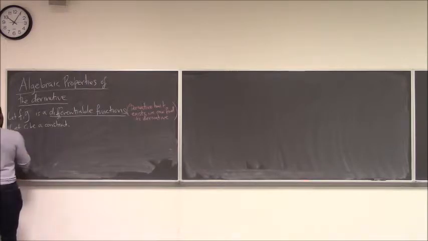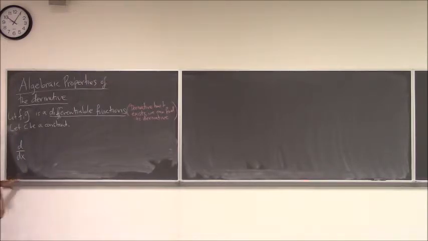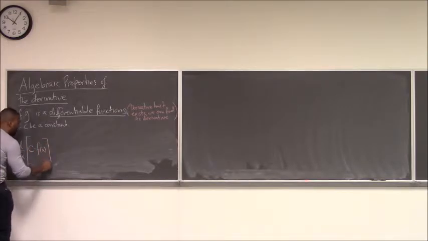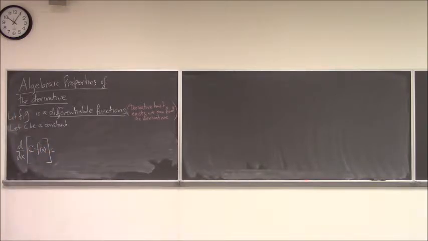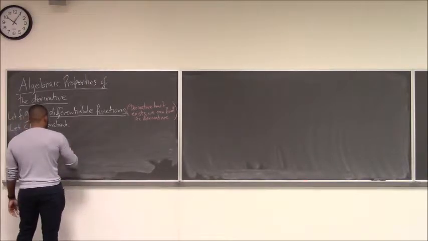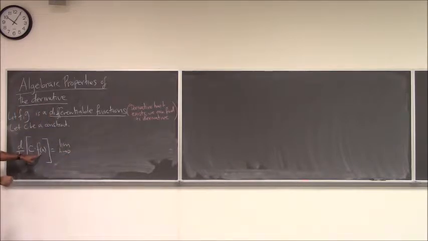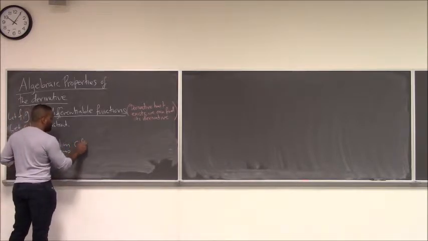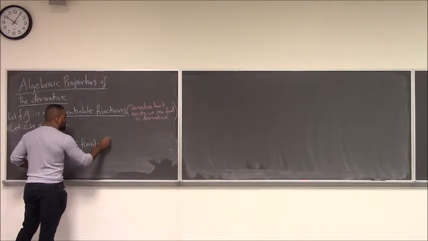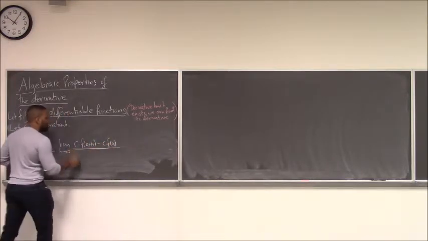Okay, so one thing you want to notice is that if I were to take the derivative of a constant times a function that I know I can find the derivative of, what would that look like? Well, we can use the definition. The limit of c times f of x plus h, minus c times f of x, all over h.